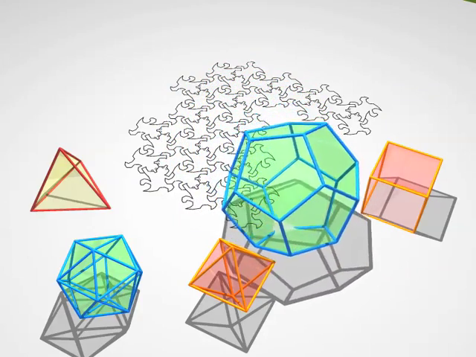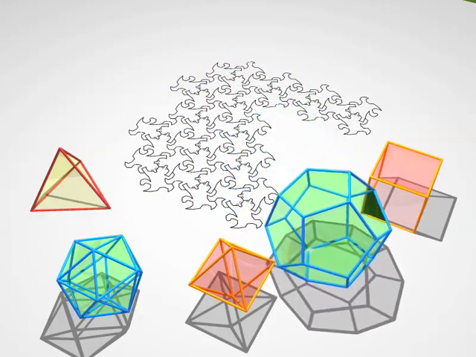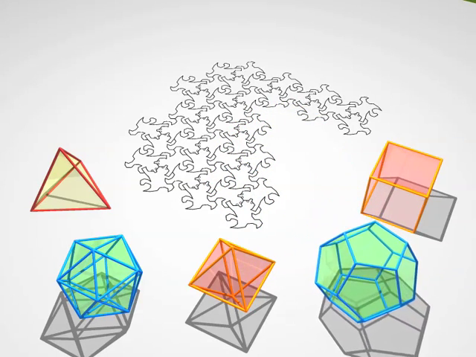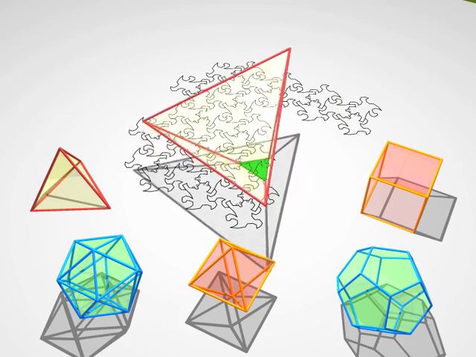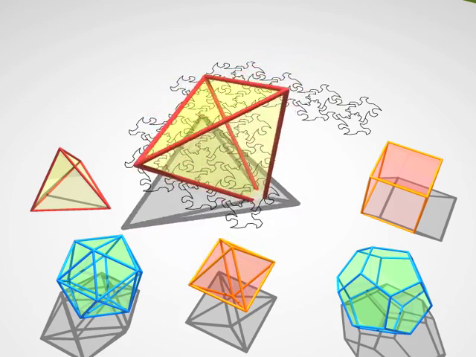Now we're going to show you some cross-sections, and only cross-sections, and you have to guess the polyhedron hiding behind them. That was a tetrahedron.